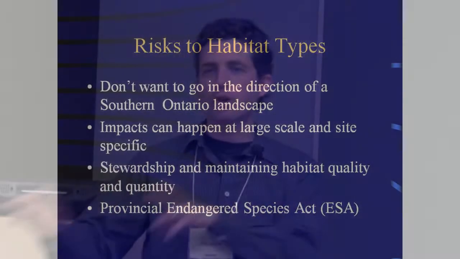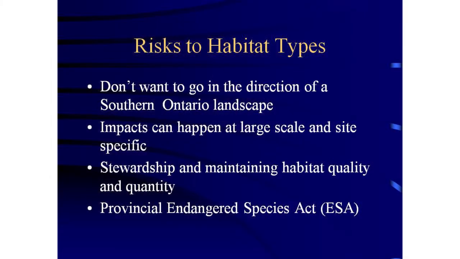Yeah, and thanks, because I remember the last slide, just to tie it back, around risks to these habitat types and the stewardship component. We don't want to go in the direction of Southern Ontario, and largely we're not going to because the disturbance of landscape there is driven by agriculture. But we have a lot of habitat, and we still have to recognize that it has to be protected, and there are risks out there in terms of development.